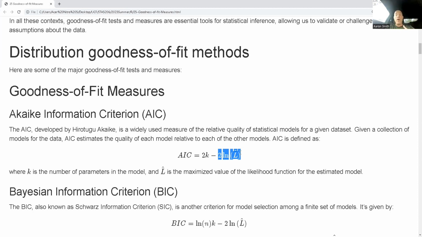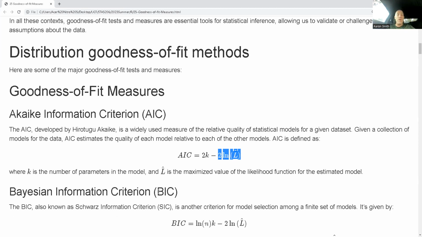And the parameter aspect is we're trying to balance that overfitting aspect I talked about previously, where if I have lots and lots of parameters, things will just end up fitting because I have more flexibility, not because it's a good model. AIC and BIC try to balance out that aspect.